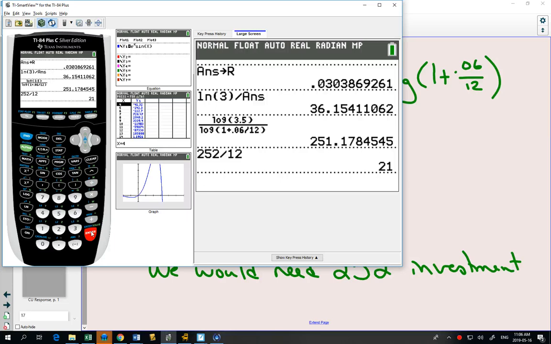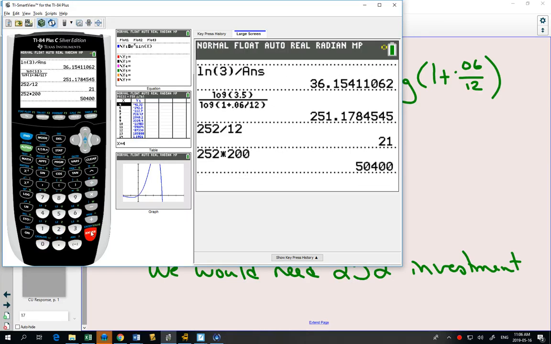Now, the other thing though I want you to look at is if you did $200, 252 times, how much money did you actually put in? Only $50,000. How much was it worth in the end? $100,000. This is the power of compound interest. If you can save some money, it will grow for you.